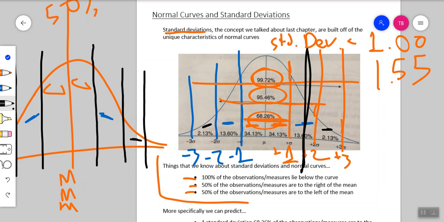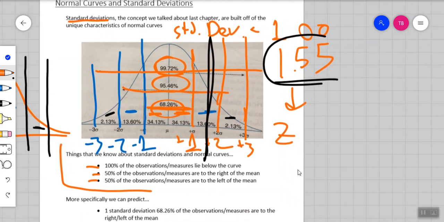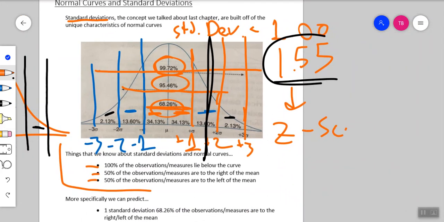So instead of every single time, if you had a question like 1.55 standard deviations, what percentage of things fall between that? You don't have to take out a graph and start drawing on a map like this. All you have to do is look up something called a z-score. You should write that in. Z-score.